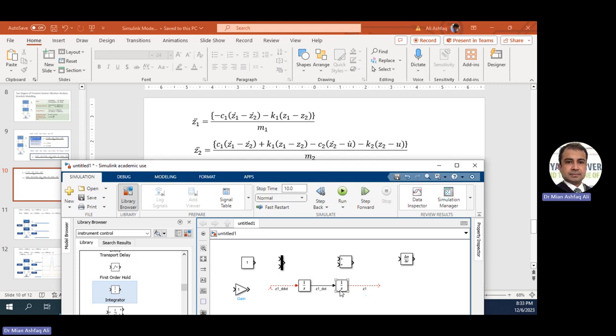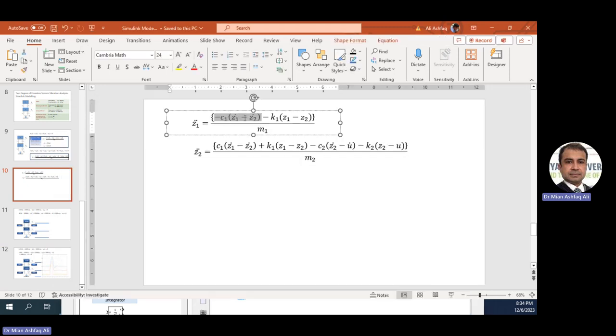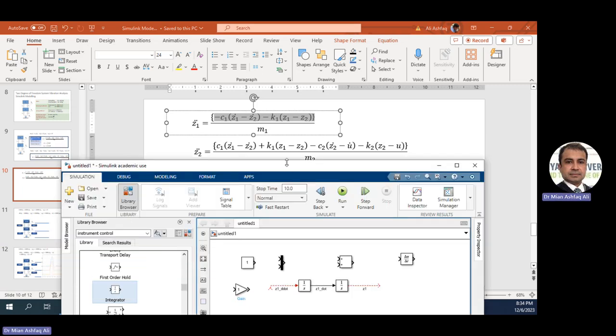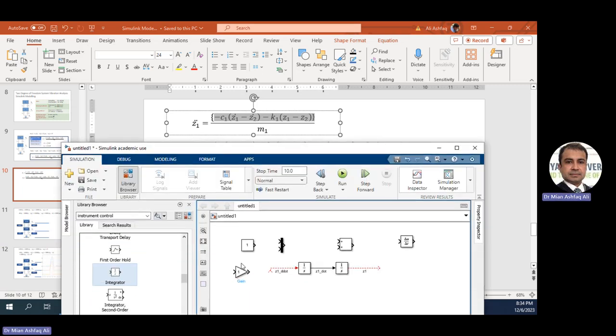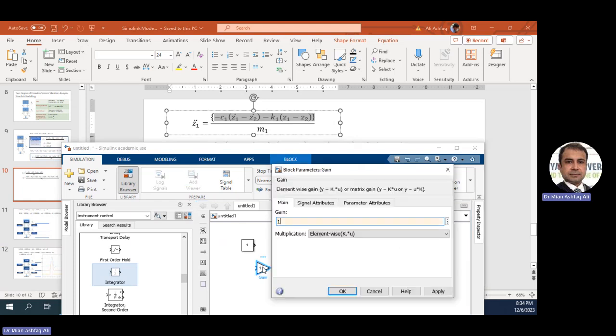So if we think in this way, then how can we get this Z1 double dot? We can get some signal, some two forces here, and then divide this with M1. So this means that I can make this signal out of summing up two signals and then dividing by m1, so 1 divided by m1.